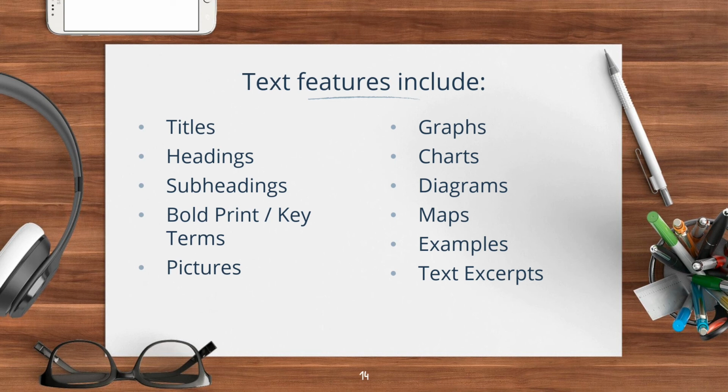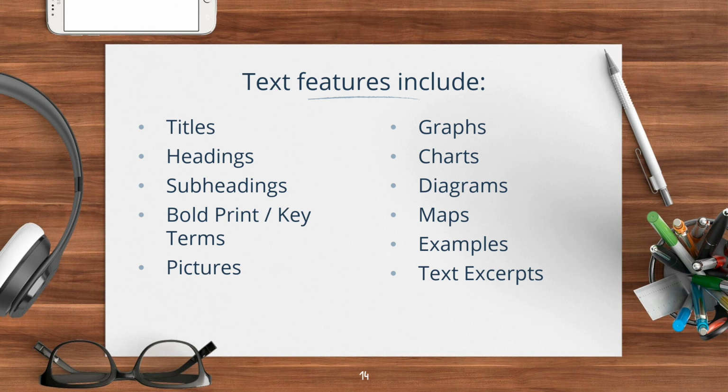An expository text can have the following text features. It will have titles, headings, subheadings, bold print. If there are keywords, you might want to bold or highlight in some way the keywords or key terminology that is used in your expository text. There will be pictures or diagrams, graphs, charts.